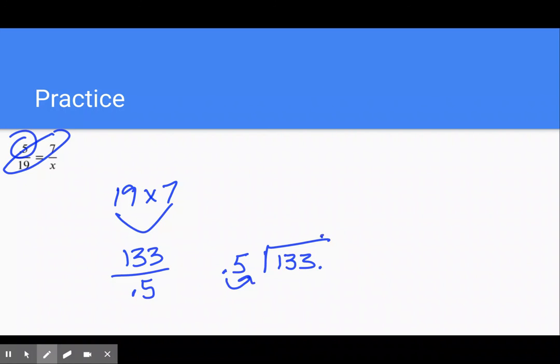The decimal is right here, so you're going to have to move it over 1. So don't forget about that when you actually have to do it manually and not with the calculator. So 133 divided by 5, or 0.5, is going to give you 266. And guys, that's all I have for cross multiplying.